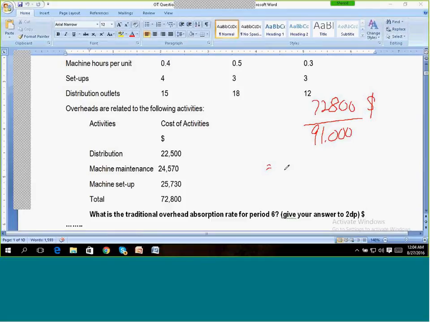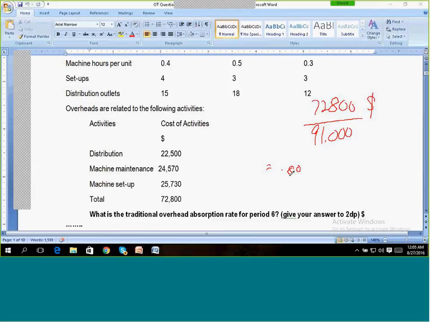This is what we call the overhead absorption rate: 72,800 divided by 91,000, which is 0.80. So you can see that for the question, what is the traditional overhead absorption rate, this is the answer.